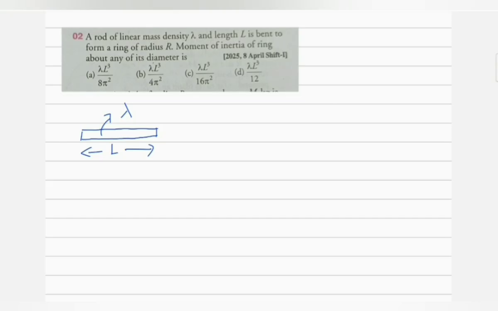It is bent in the form of a ring. So this rod is converted into a ring. Now it is quite obvious that recently the length of the rod, now that has become the circumference of this ring, which is 2 pi r. So L will match with 2 pi r. Getting this, students? And lambda is given to you.